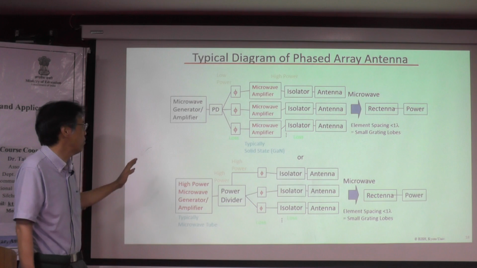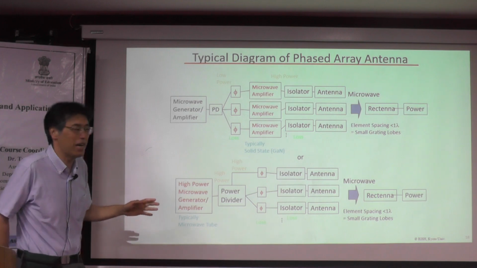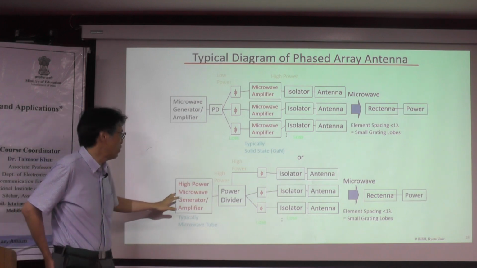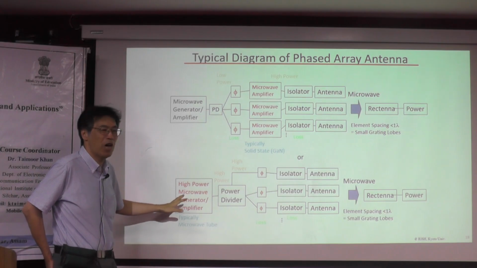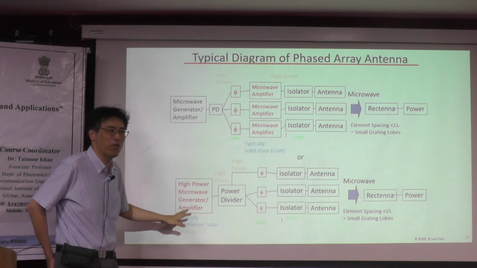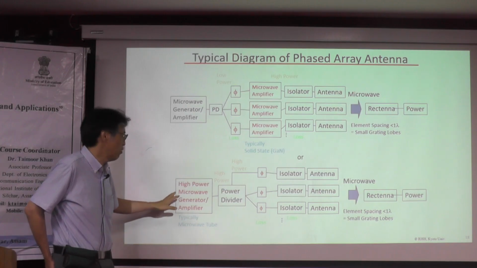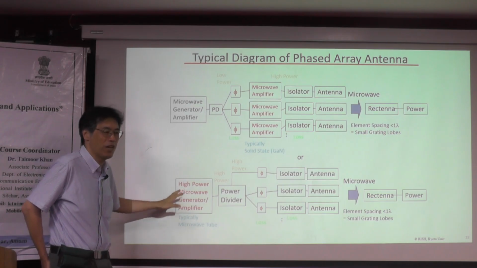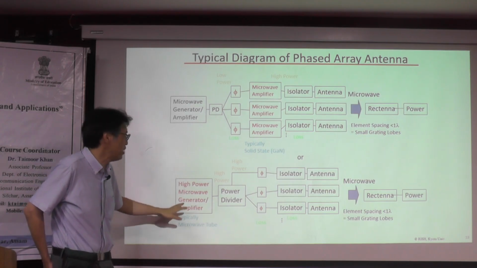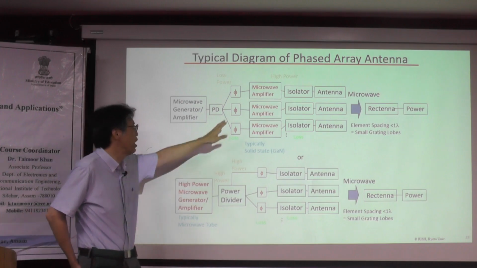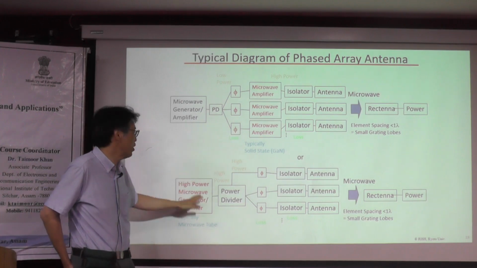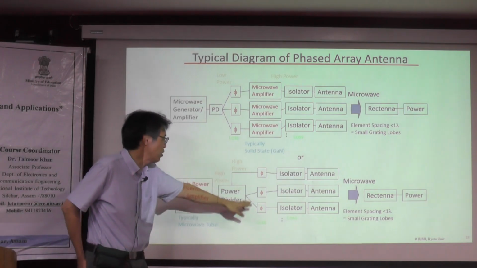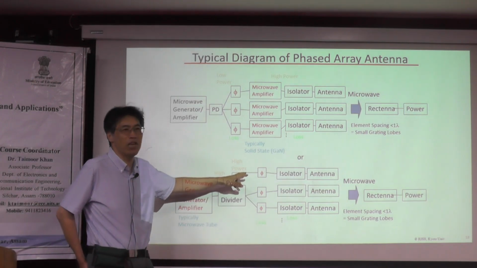But we have the other kind of phased array antenna. Originally, we can generate high power microwave. For example, we sometimes adopted the magnetron, etc., 100 watt directly or 1 kilowatt directly. In this case, we don't need any power amplifier, but we have to install the phase shifter at the high power stage.